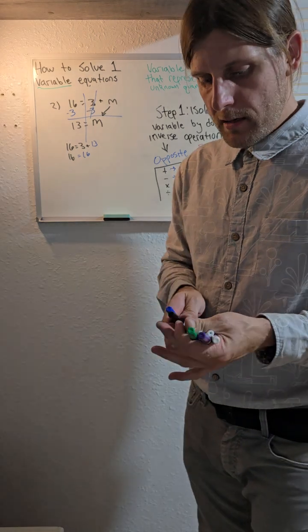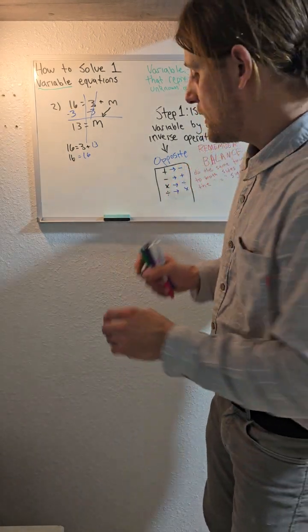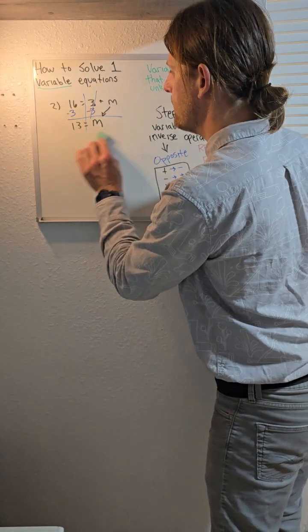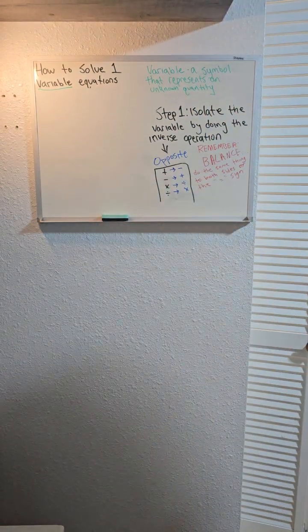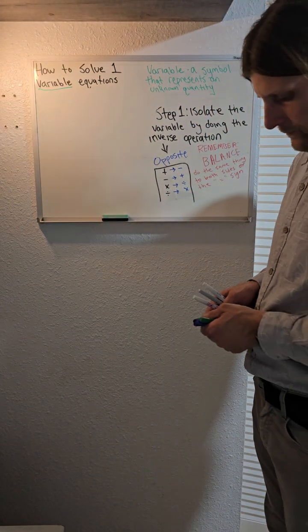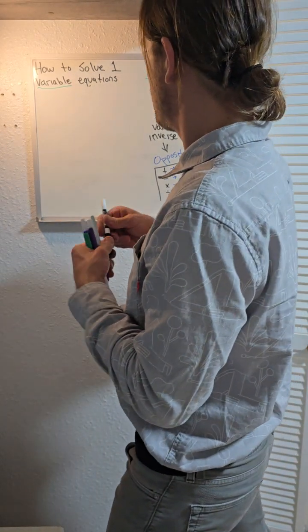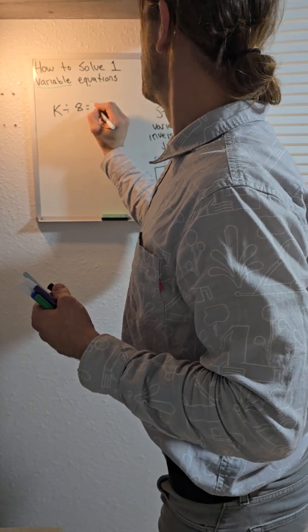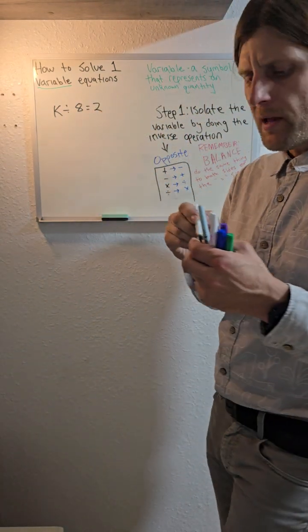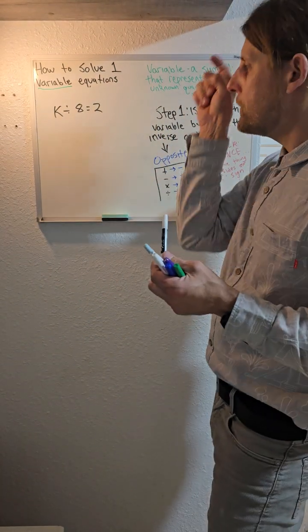Let's go ahead and do one multiplication and one division problem. Here we have k divided by 8 is equal to 2.